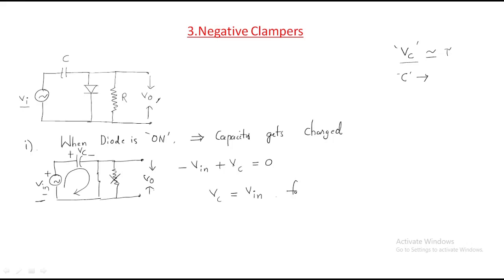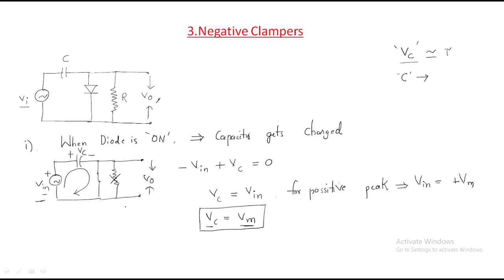For the positive peak, the capacitor gets charged. For positive, the input must be plus Vm. So the capacitor gets the input voltage Vm. For the positive half cycle, the capacitor gets charged to Vm, that is, the capacitor voltage equals the maximum voltage.